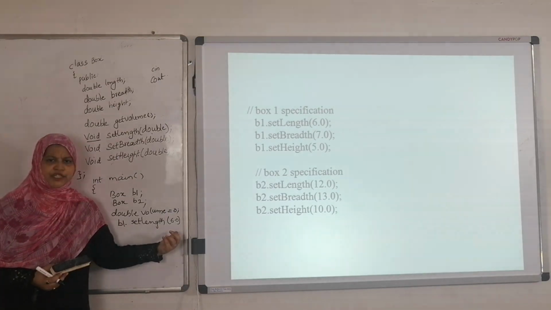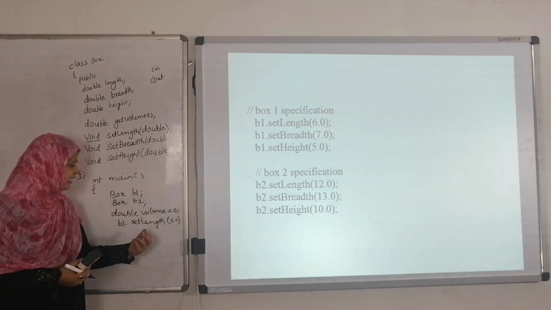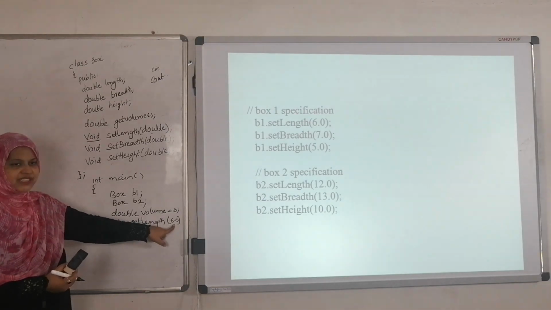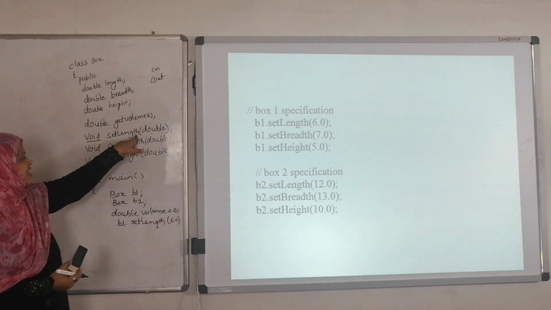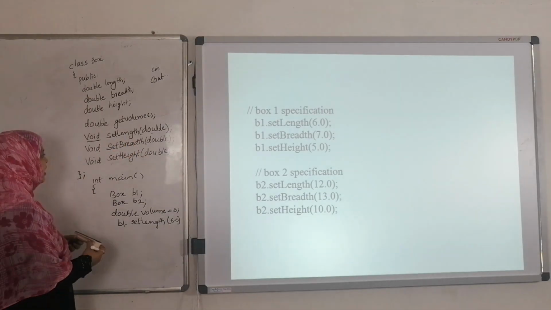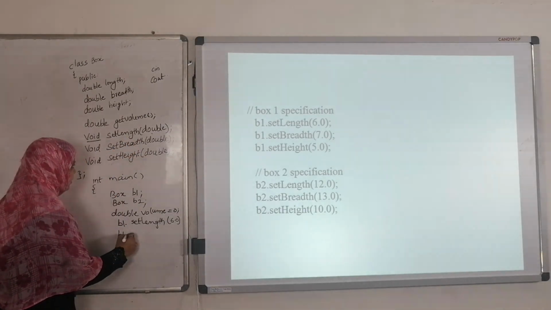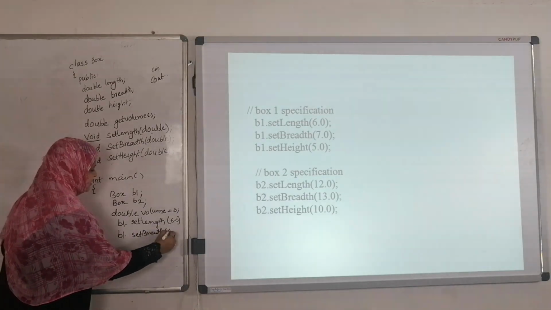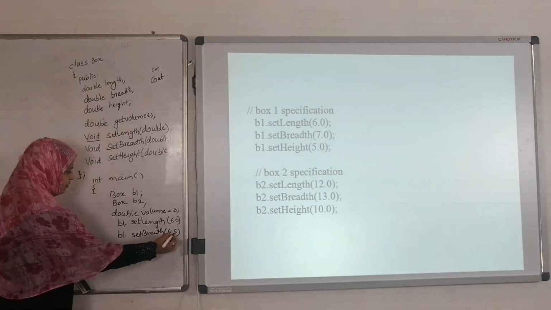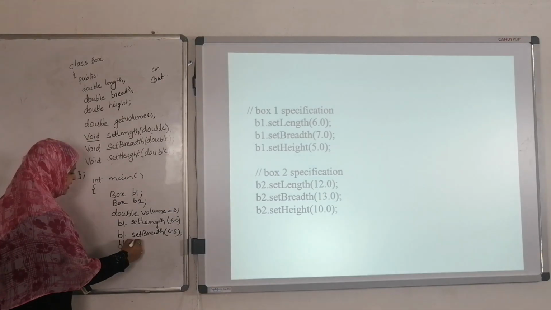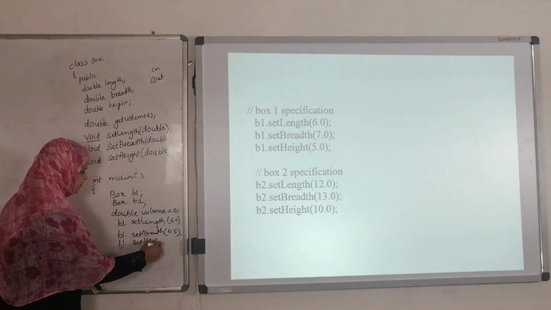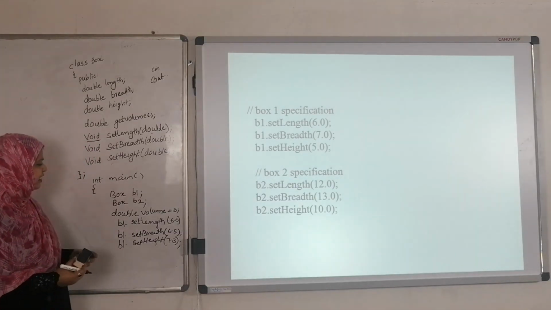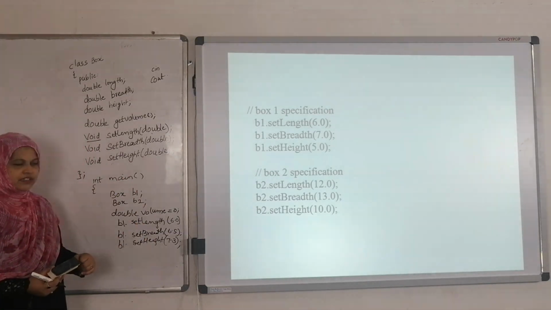It means that we are passing one value, 6, to the function set length. B1 dot set breadth 6.5. B1 dot set height 7.3. These are all B1 specifications.